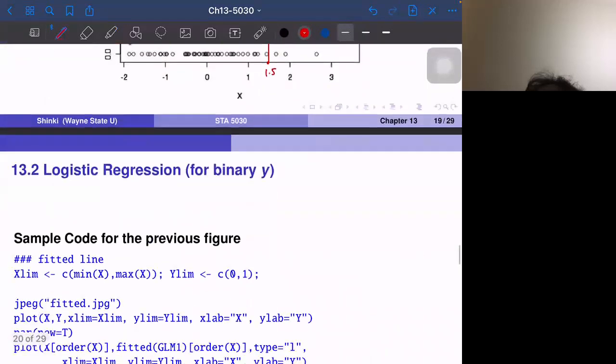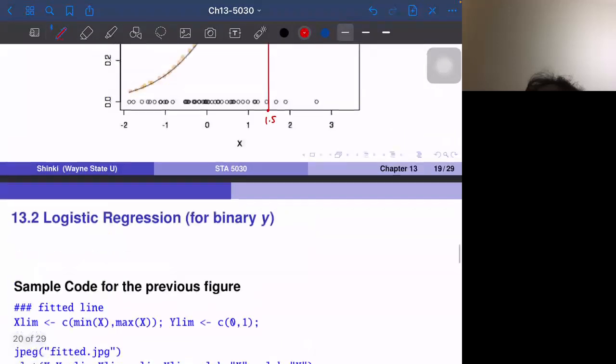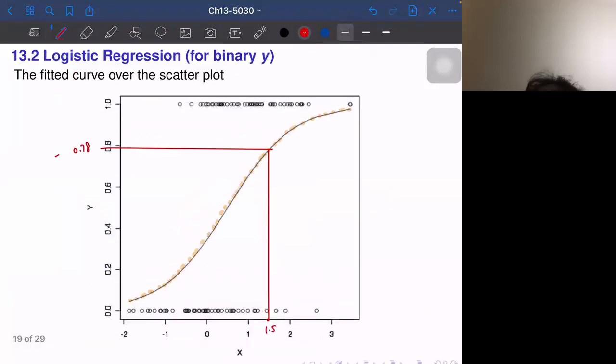This is the code to generate the previous figure. Basically, we use the fitted value to generate this. It looks like a smooth curve, but actually we plot 100 points.